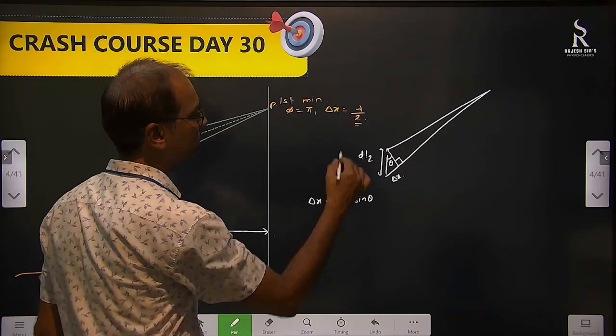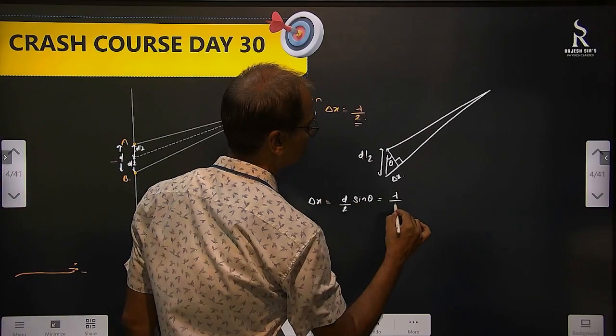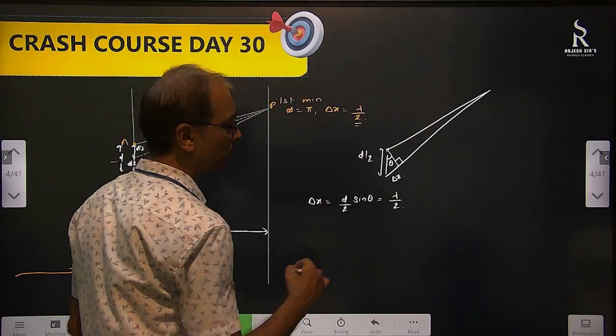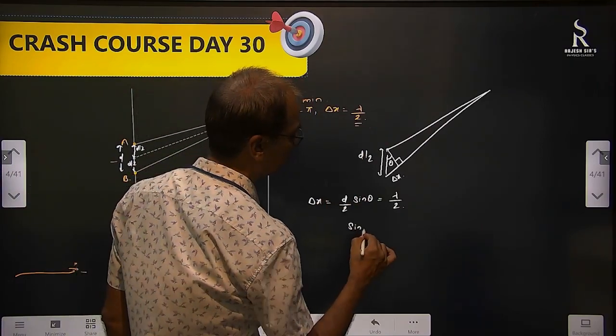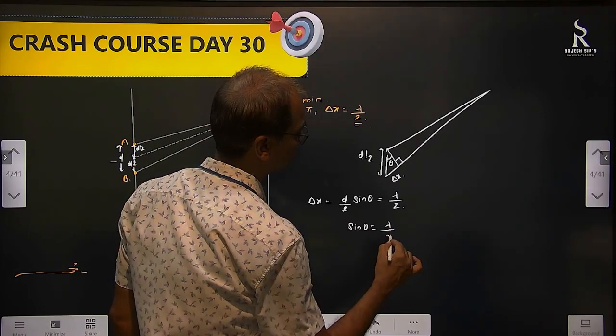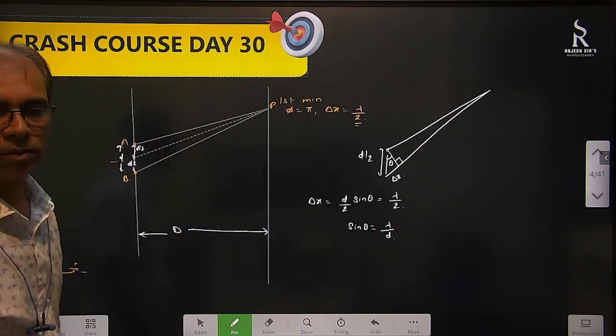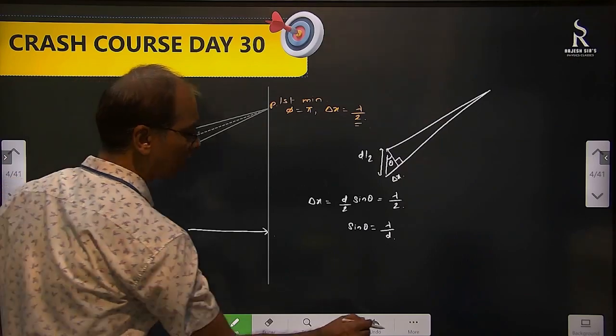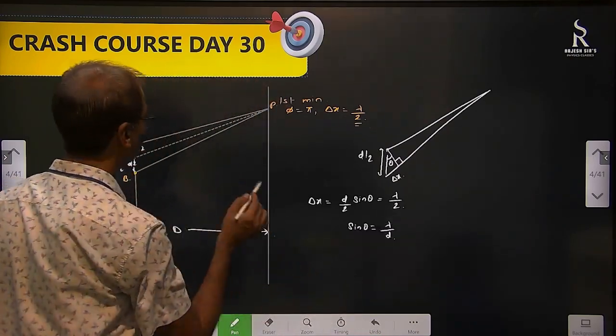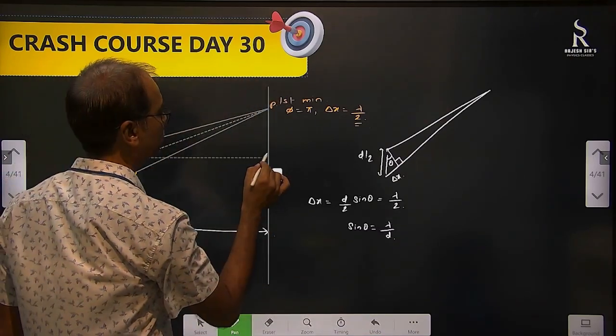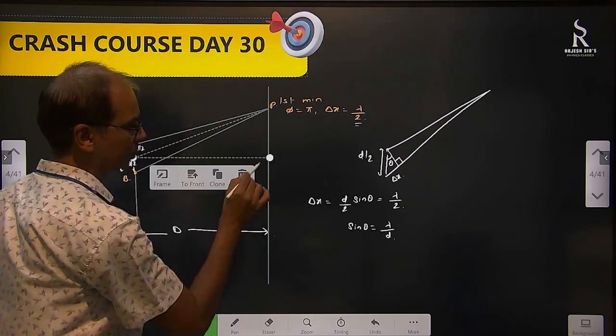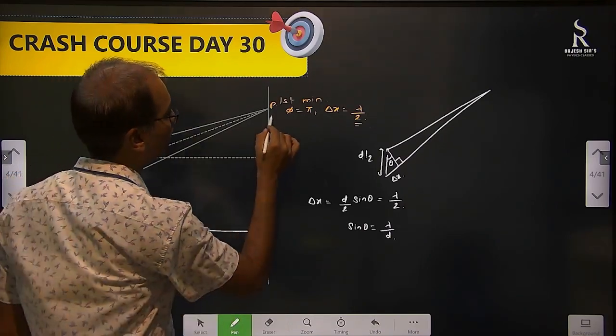But what is delta x? Say lambda by 2. Okay, so that means sine theta equal to lambda by d. We got sine theta value. Okay, now then what? The position I wanted, y value. So join this one. Central maxima's position is here. Okay, and this value we call as y.